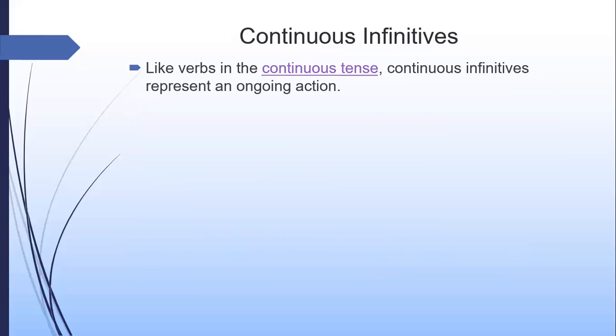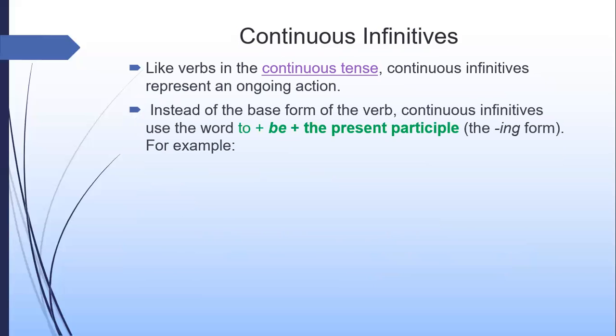Then we have the third one, continuous infinitive. Like verbs in the continuous tense, continuous infinitives represent an ongoing action. Instead of the base form of the verb, continuous infinitives use the word to be plus the present participle, meaning the ing form.